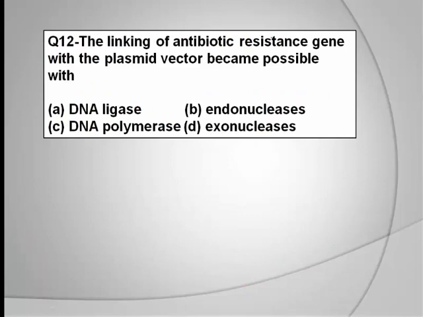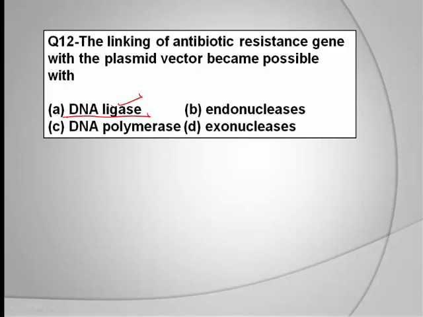Then, the linking of antibiotic resistant gene with the plasmid vector became possible with DNA ligase, endonuclease, DNA polymerase, or exonuclease. Again, it is a straight question. Whenever you have to join any one DNA to another DNA, whether it is a plasmid or another DNA, or an antibiotic resistant gene, what is our answer?